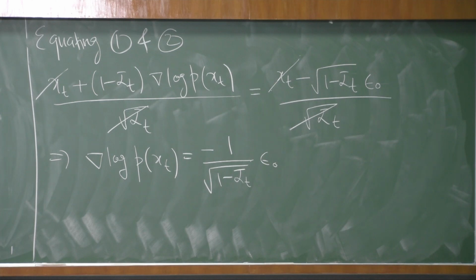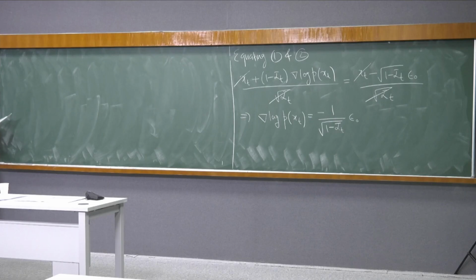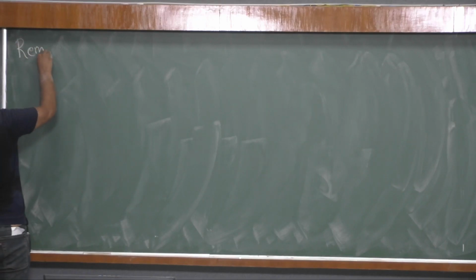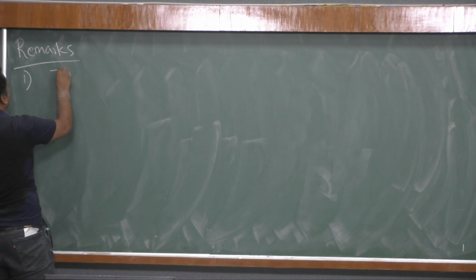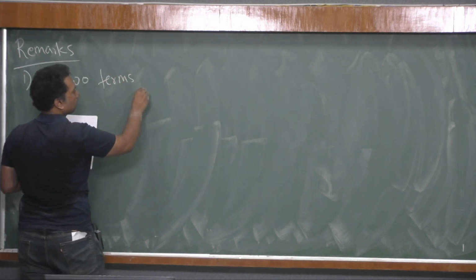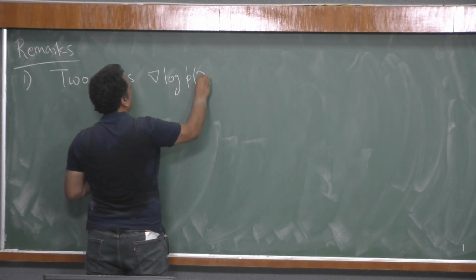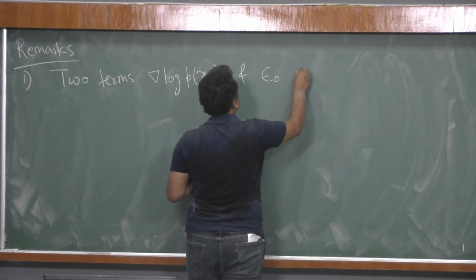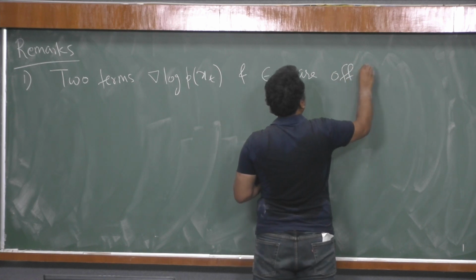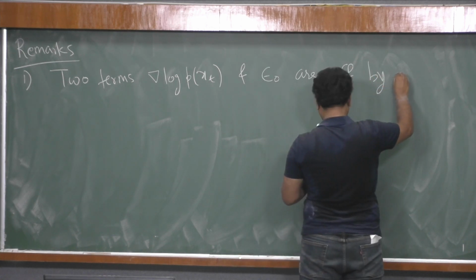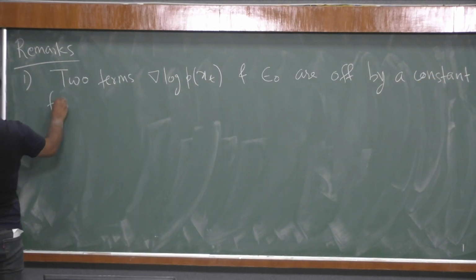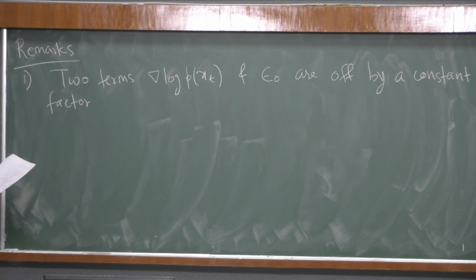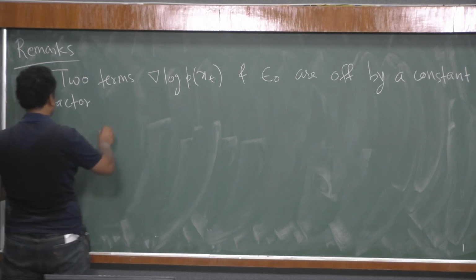So what we will do is write down two or three remarks on this, and then we will wrap up for today. So, remarks. The two terms in this case, grad log of p(xt) and the original noise epsilon naught, differ by a constant factor that scales with time, that varies with time basically.